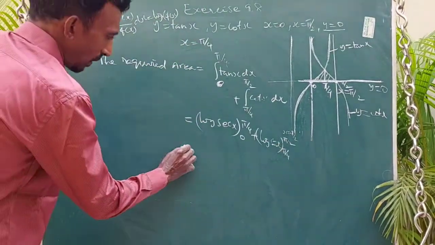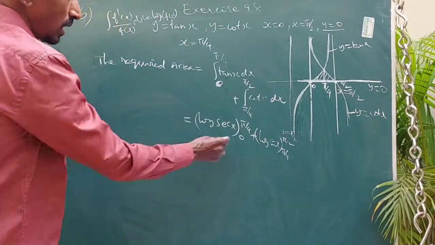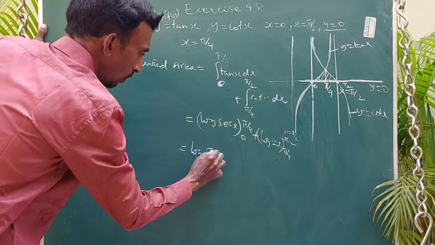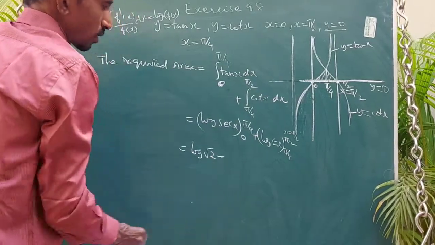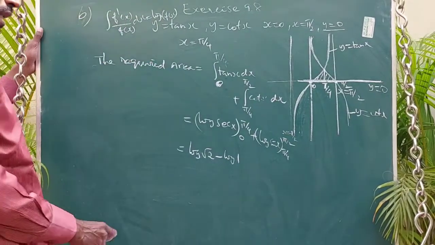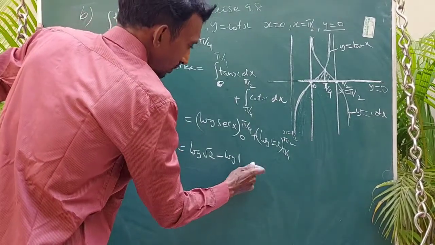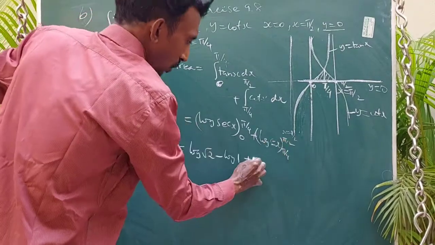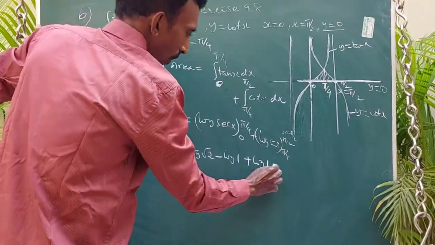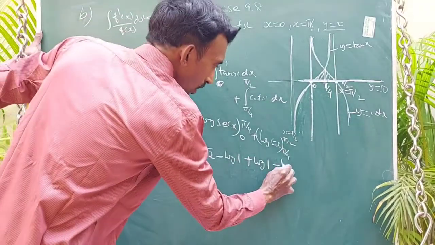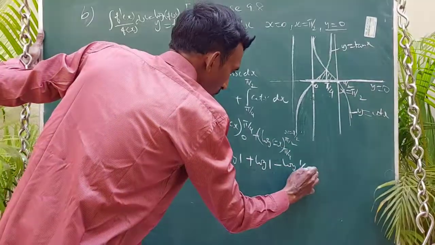Now the upper limit: log secant 45, secant 45 is root 2, minus the lower limit secant 0 is 1, so log 1. Plus log of sin 90, sin 90 is 1, so log 1, minus the lower limit sin 45, which is 1 by root 2, so log of 1 by root 2.